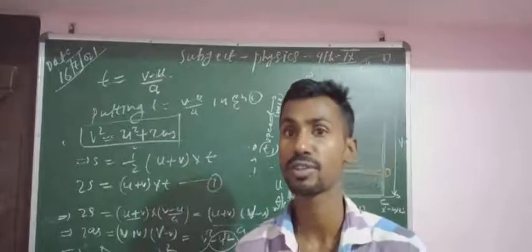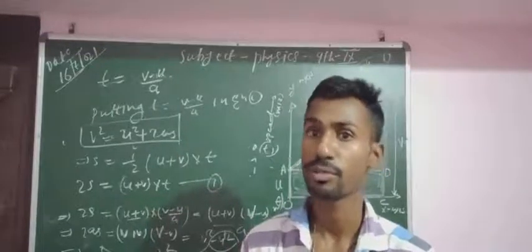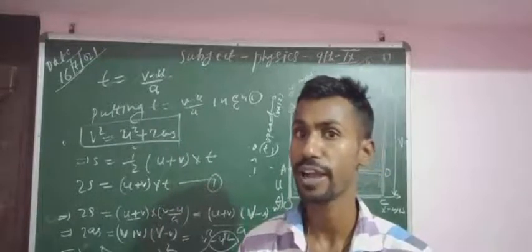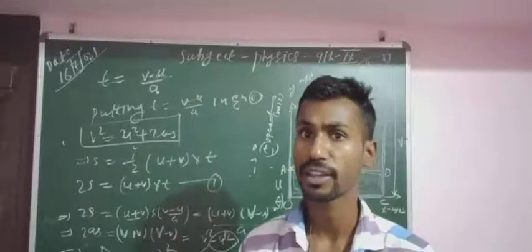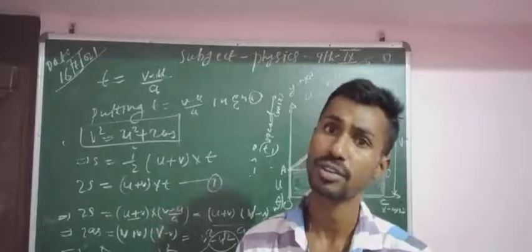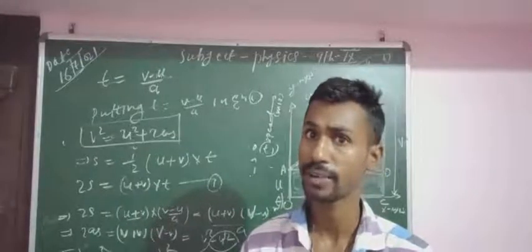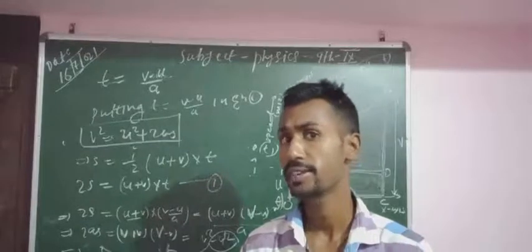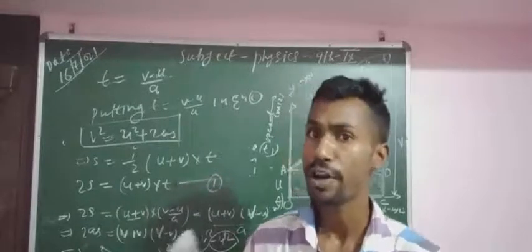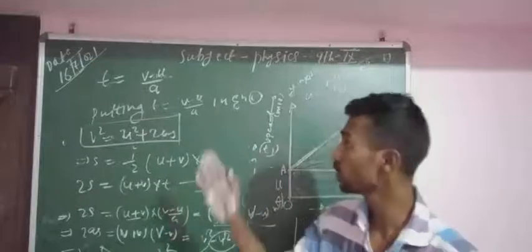Or derive the first equation of motion from the graphical method. The question can be anything. Whenever a long question is asked, it will be to derive the first, second or third equation of motion by the graphical method, so you have to keep all the steps in mind.